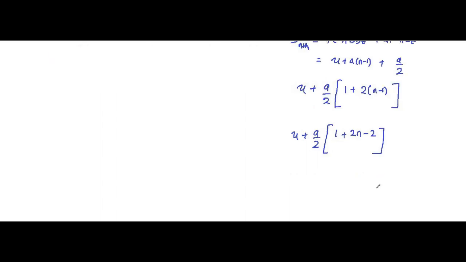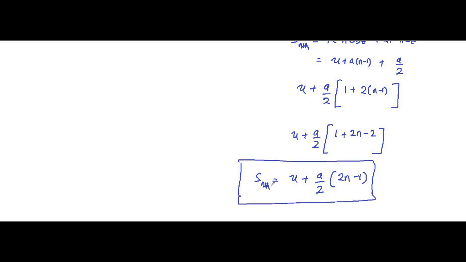That will be equal to U plus A by 2 into 2n minus 1. This is the final expression, the displacement during the nth second.